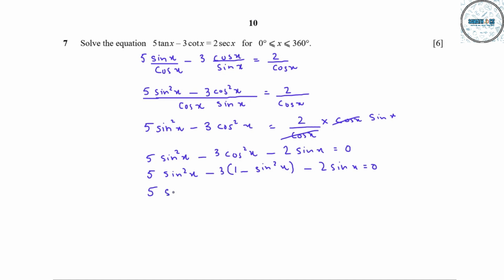We'll simplify it. 5 sin square x minus 3 plus 3 sin square x minus 2 sin x is equal to 0. So now we have 5 sin square x plus 3 sin square x as 8 sin square x minus 2 sin x minus 3 is equal to 0.